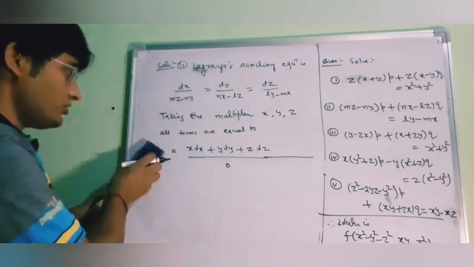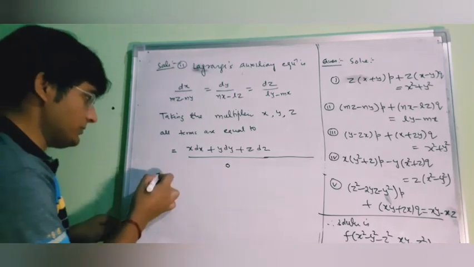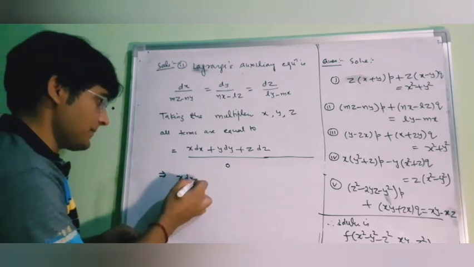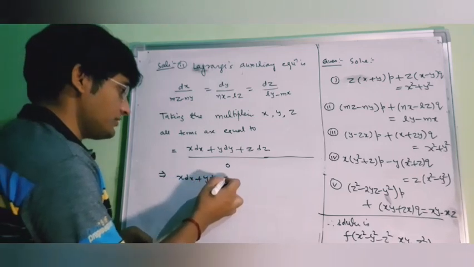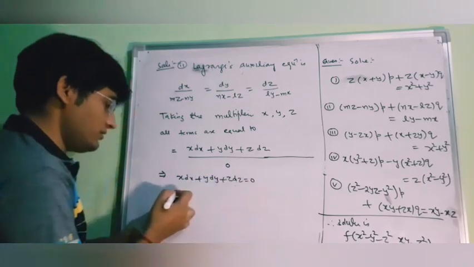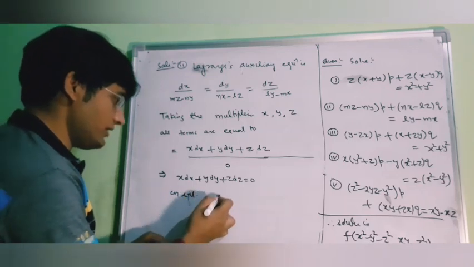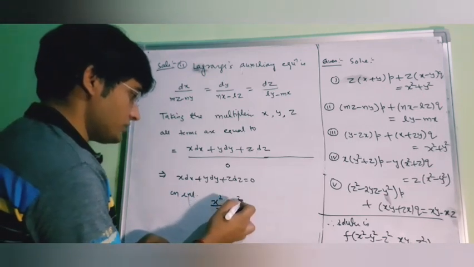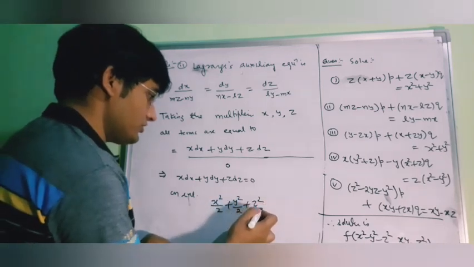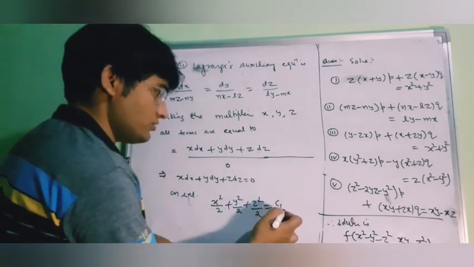As the denominator is 0, on cross multiplication we will get x dx plus y dy plus z dz equal to 0. Hence on integration your solution will be x square by 2 plus y square upon 2 plus z square upon 2, say another constant, equal to c1 by 2.